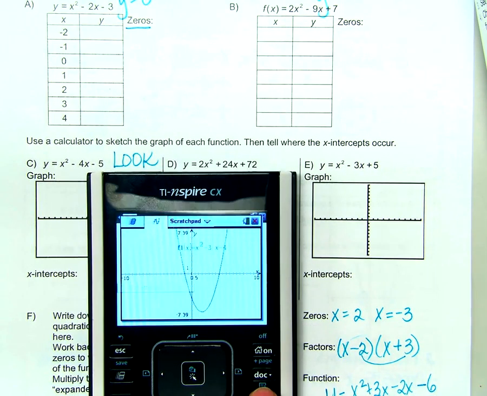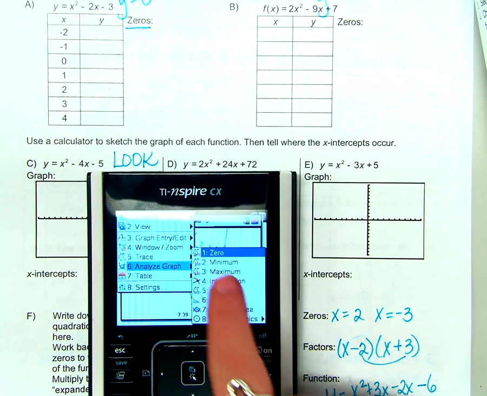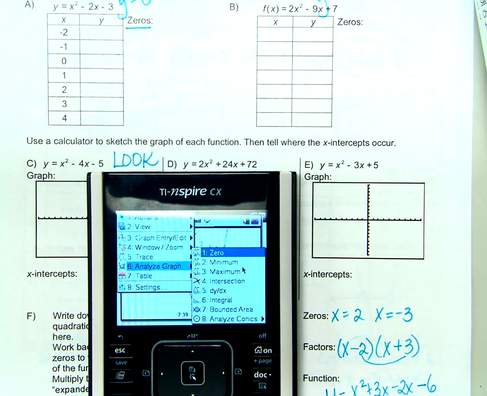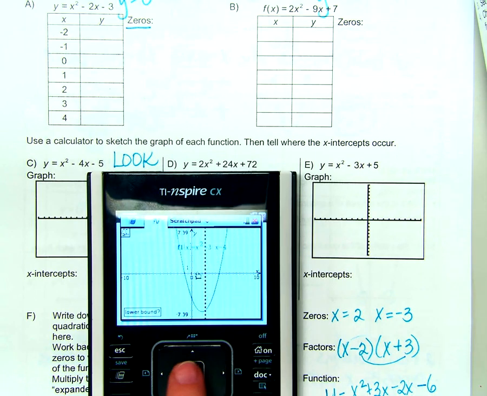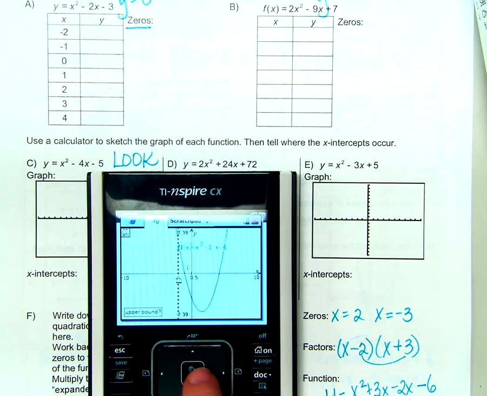Because I'm going to say menu, analyze. I'm finding my 0. It says lower bound. That means I need to put my little pointer finger on the left-hand side of that intercept, and then I click my middle button.